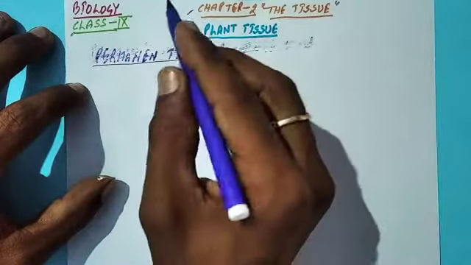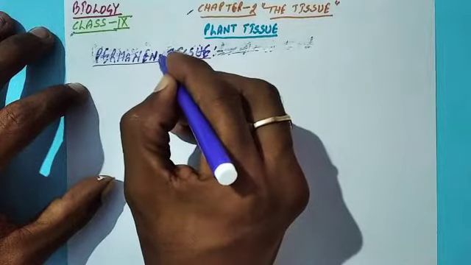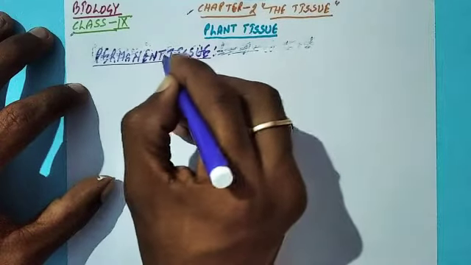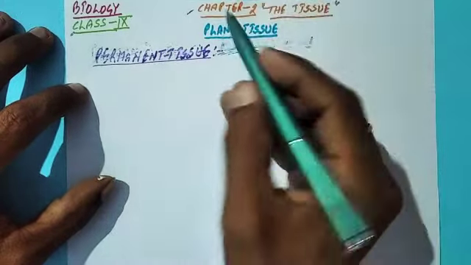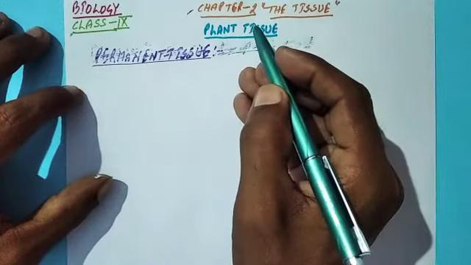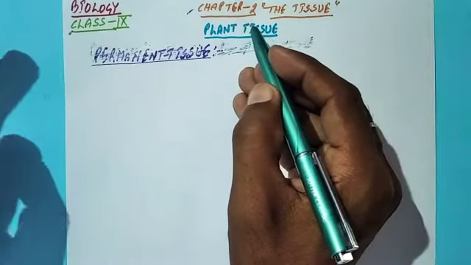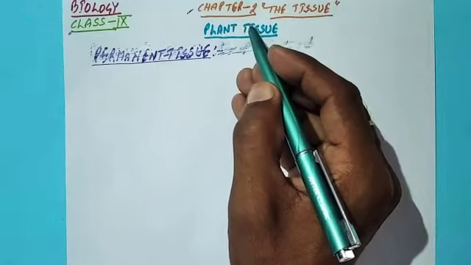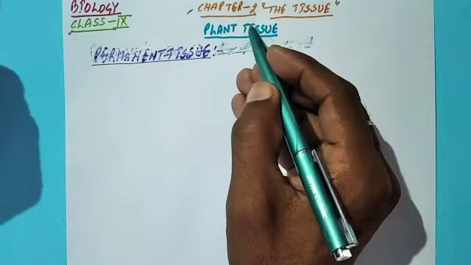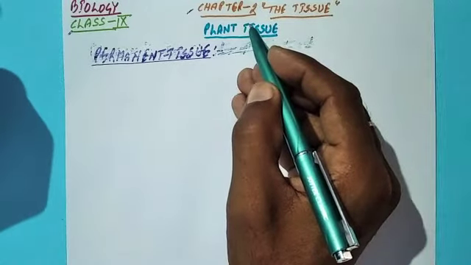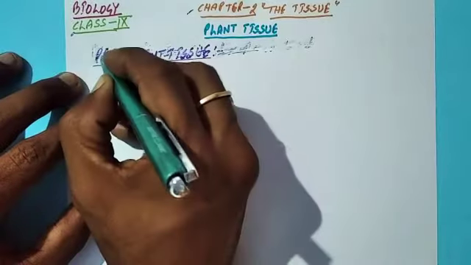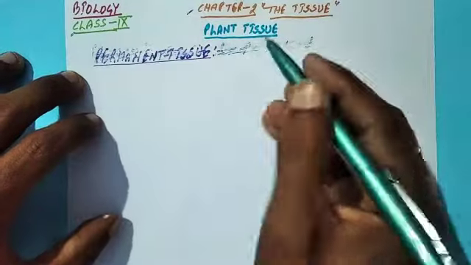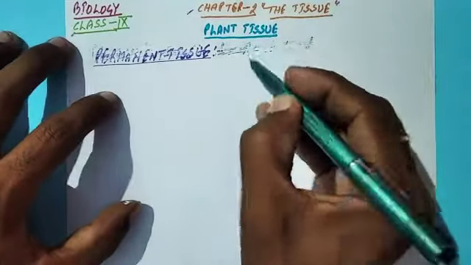So according to the definition, permanent tissues are those tissues which are similar in origin and perform similar function, and the specific thing is that they do not have the ability to divide.